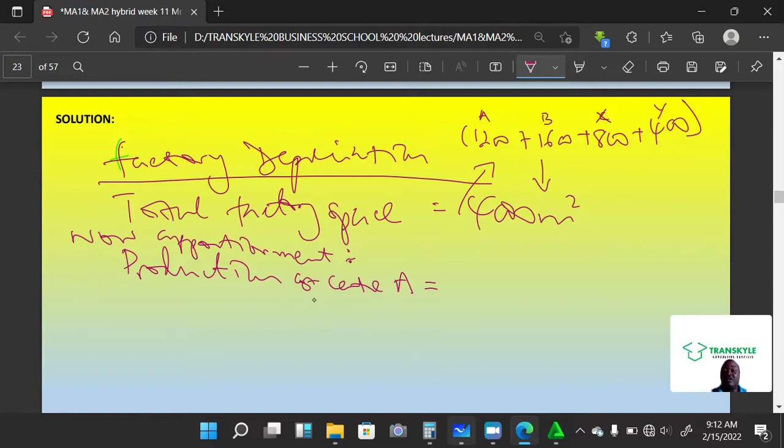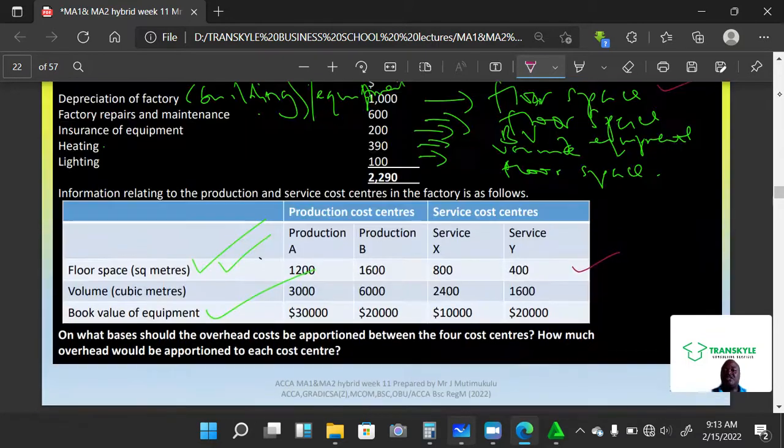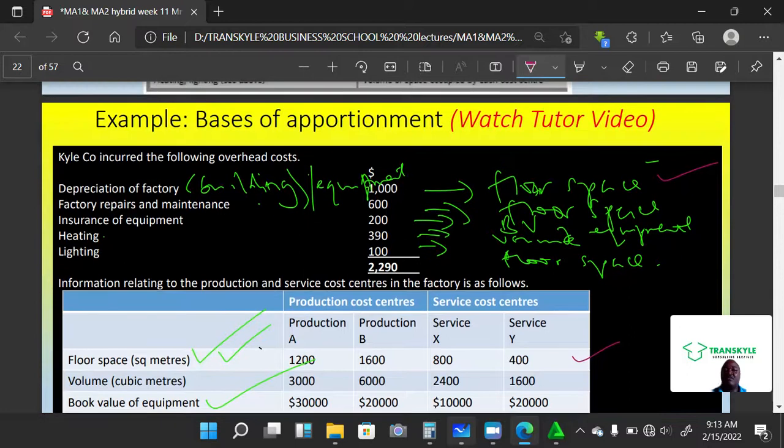So to apportion depreciation to production cost center A, we say 1,200 over 4,000, multiplied by the total depreciation charge. What was the depreciation charge according to the question? The depreciation overhead was 1,000.